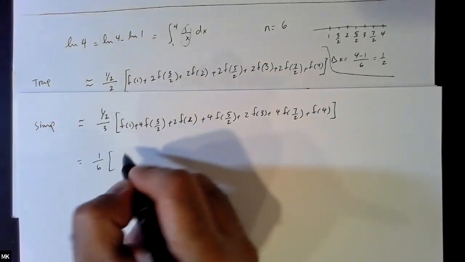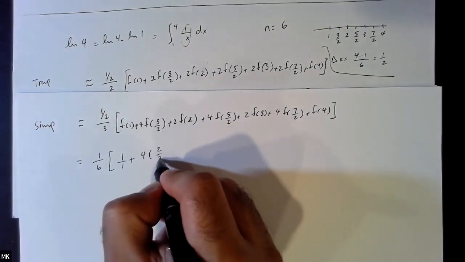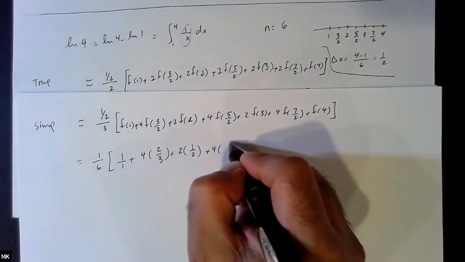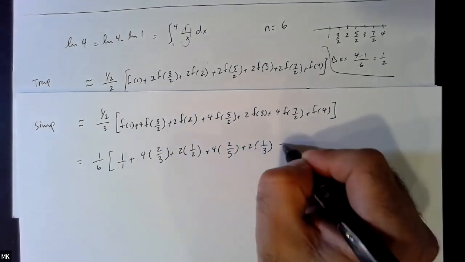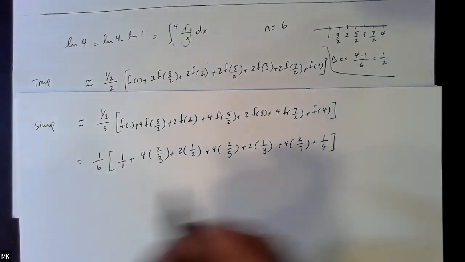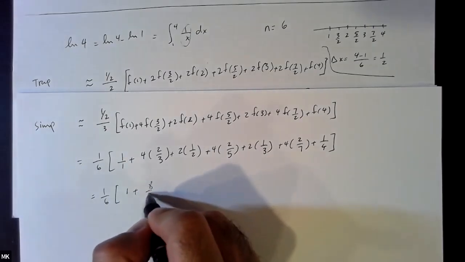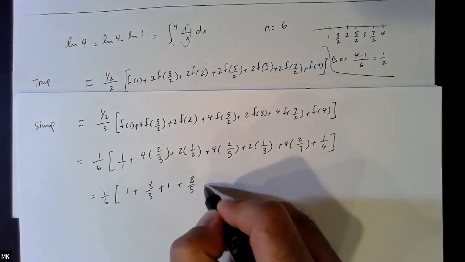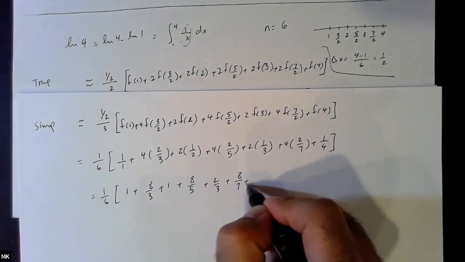So you get 1/6, 1 over 1, plus 4 times 2 over 3, plus 2 times 1 over 2, plus 4 times 2 over 5, plus 2 times 1 over 3, plus 4 times 2 over 7, plus 1 over 4. Which is 1/6, 1 plus 8/3, plus 1 plus 8/5, plus 2/3, plus 8/7, plus 1/4.